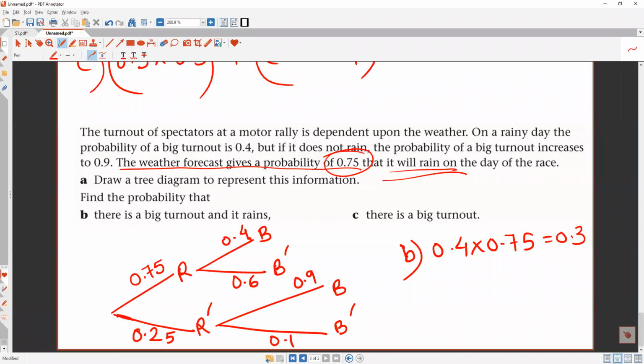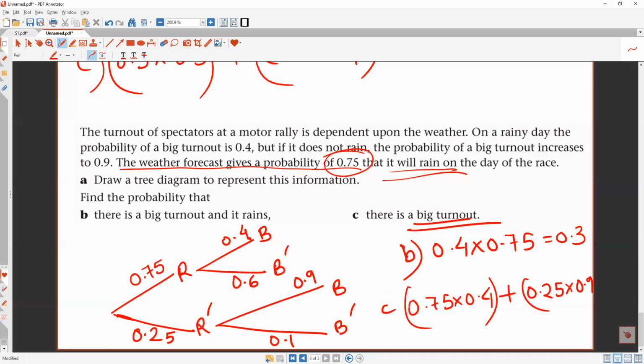Then what they're saying is that there is a big turnout. Mane big turnout hobe, no matter what. Rain holeo big turnout hobe. That's what it means. Era kono kichu specify kore nai. Mane rain holeo big turnout hobe. So which is 0.75 multiplied by 0.4, or rain na holeo big turnout hobe. বুঝে গেছো?